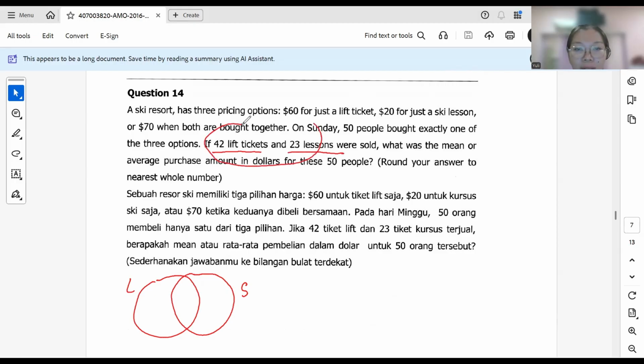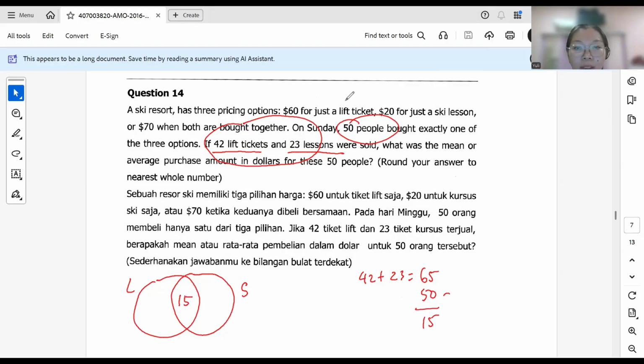If you add up, this is going to be 65, right? 42 plus 23 is 65, but you only have 50 people. So that means there are 15 people who took both. So this is 15 here, right?